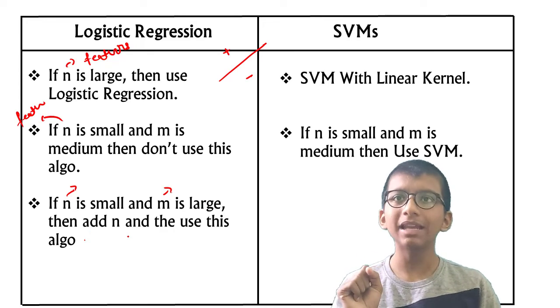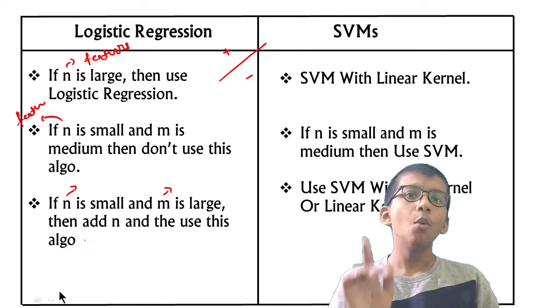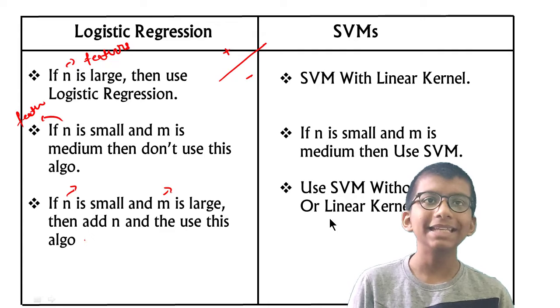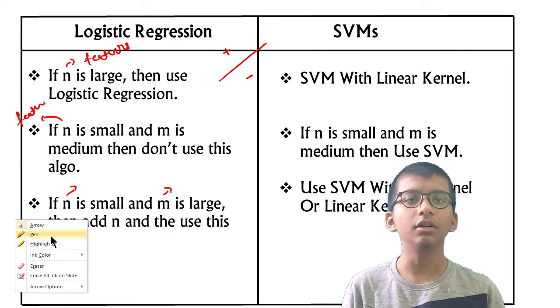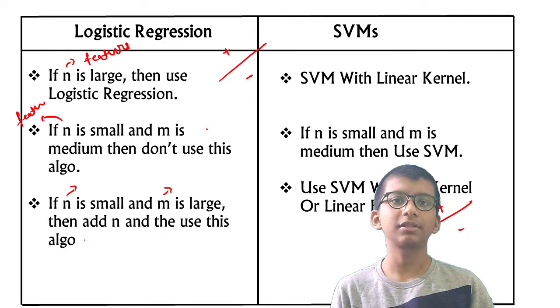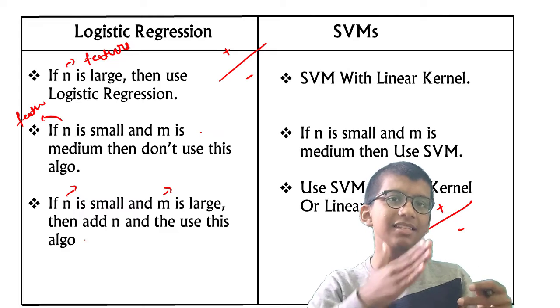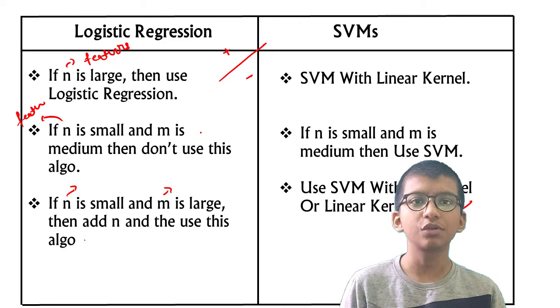Or you can also manually add features and use a support vector machine without a kernel, or a linear kernel, by just drawing a straight line dividing positive and negative examples. And the linear kernel is the linearly separable case that we have seen in our videos.